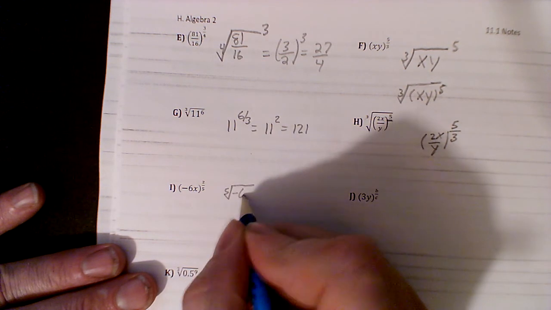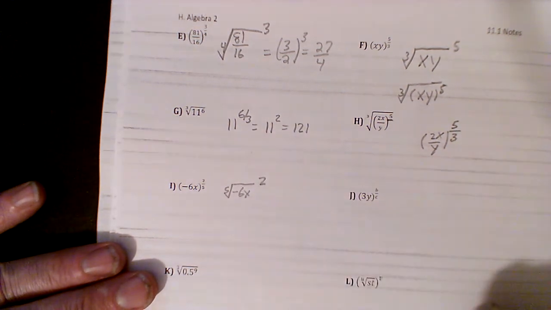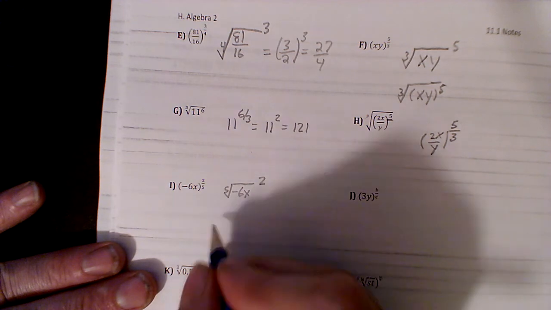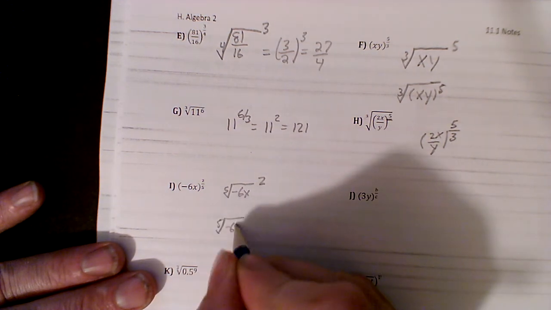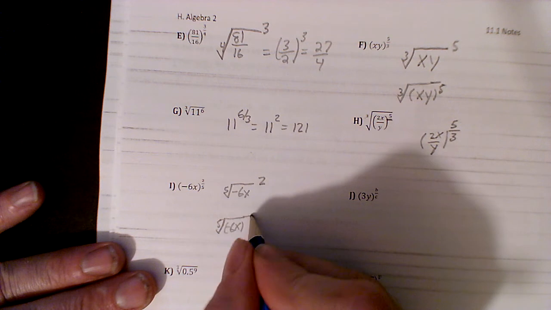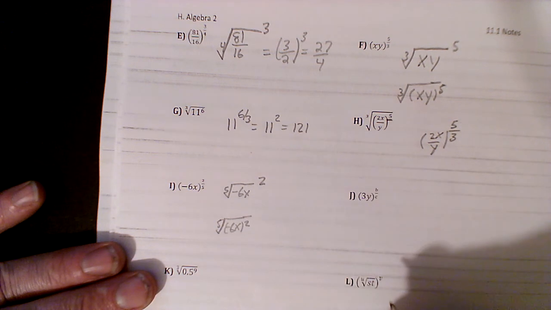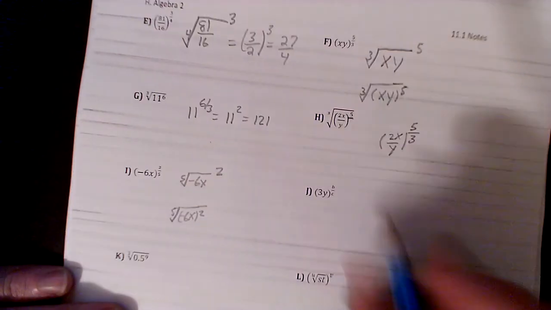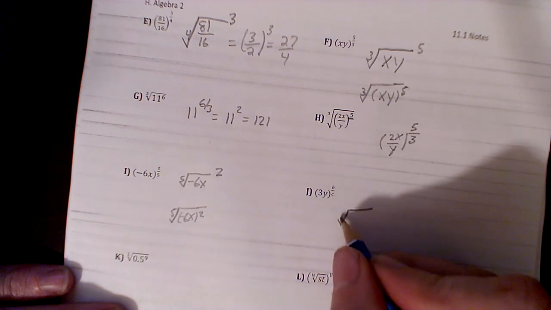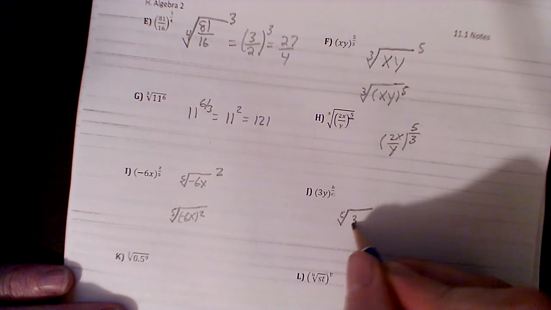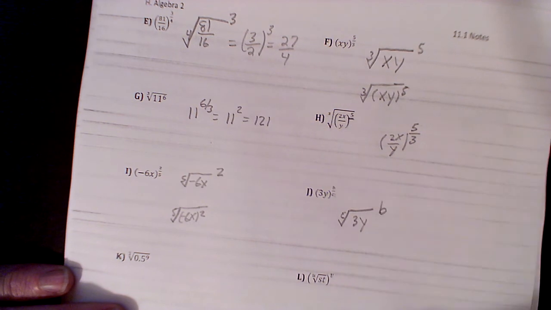We've got negative 6x. Our power is there. Remember, there's two ways to write that. I could also put my root right there and my negative 6x, probably in parentheses there to make sure we're okay, squared. Once again, I'm just going to write this one way. My root goes right there from the denominator, and 3y we'll raise to the power.